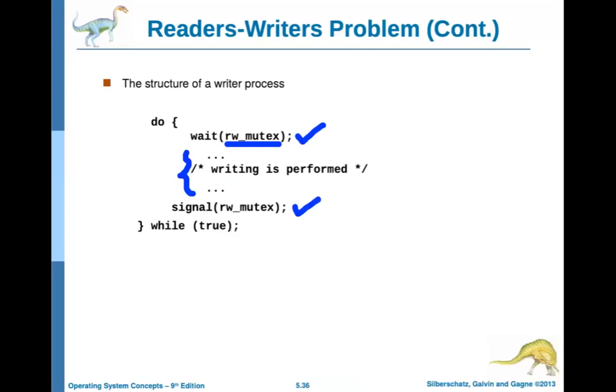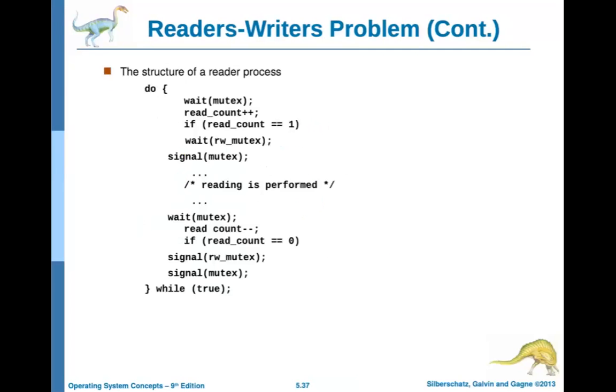Whereas in the reader process, we need to discuss the solution first on logical steps, and then we'll go to the pseudocode. The solution is very simple. If somebody is writing, the resource is not available to other writers, and also not to other readers.